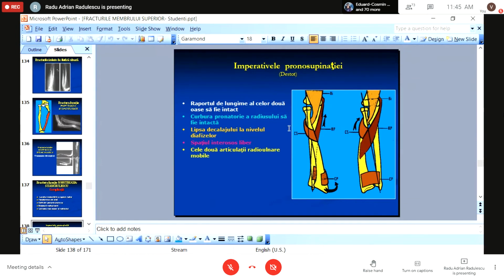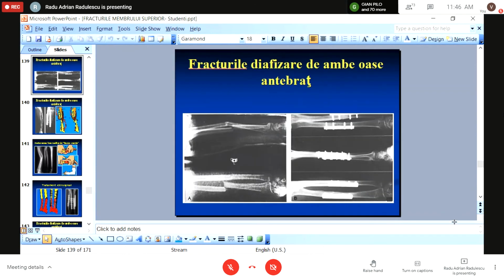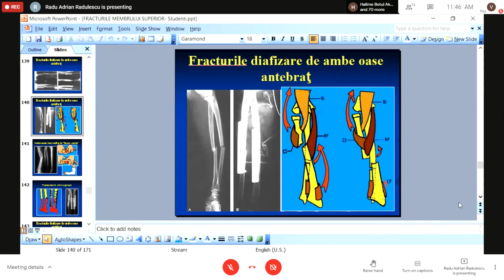So that's why all these fractures must be treated by surgical method, because we cannot achieve the reduction of the radius, especially by external maneuvers. That will be impossible. So the only way to treat these patients will be by open reduction and fixation with plate and screws.